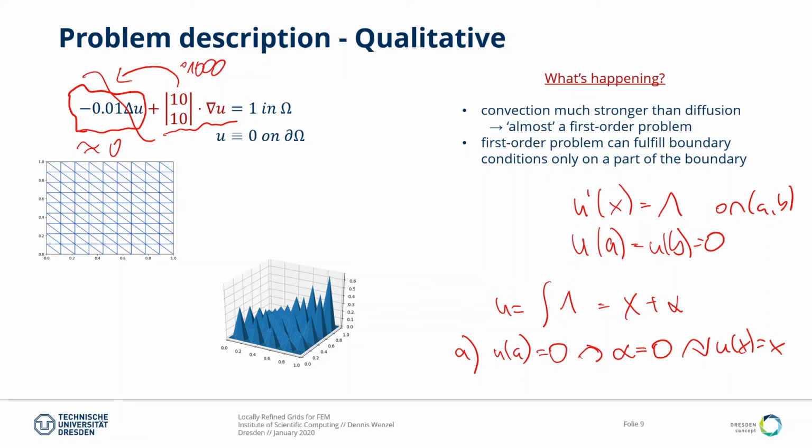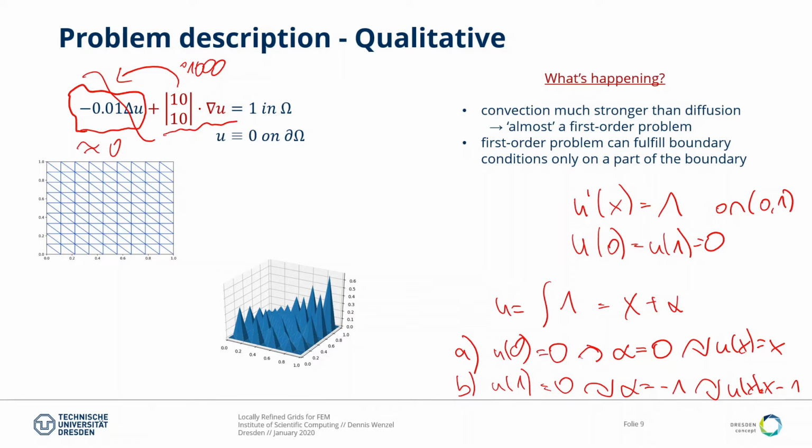Obviously that was not exactly correct, so let's say I'm in a simpler case, but the rest works similarly, so I'm just on the interval 0, 1. Then I can choose alpha equals 0, and I have this as my solution, u of x is just x. And if I'm in the other case that I want to require my right-hand side boundary condition, I can also do that, and that gives me the fact that alpha has to be chosen as -1, so the solution is x minus 1, and if I insert my right-hand side, I'm still good here.